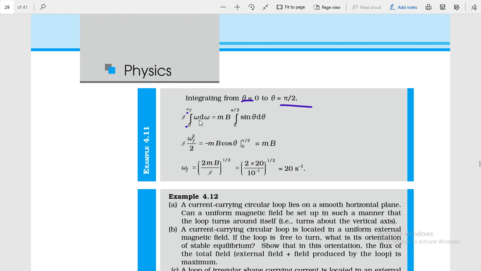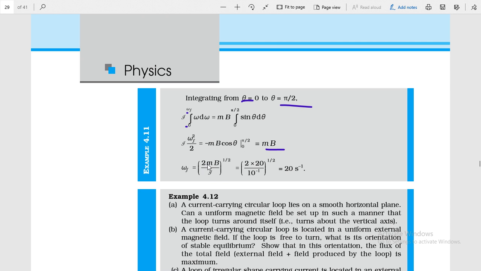After integration you will get I omega square final by 2, because the initial value is 0, and the integration of the right side is minus mb cos theta from 0 to pi by 2, and it will give you mb. So finally omega square is equal to 2 mb upon I, and you can rearrange this according to the requirement of omega.